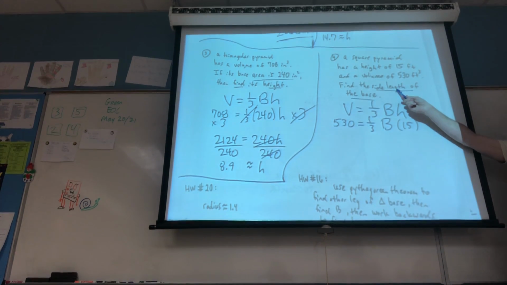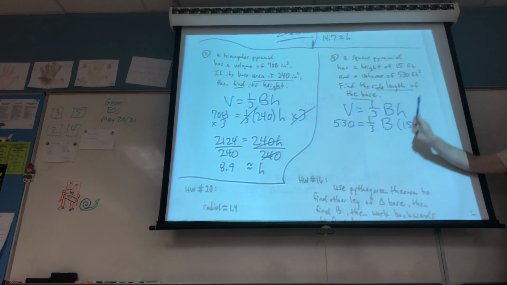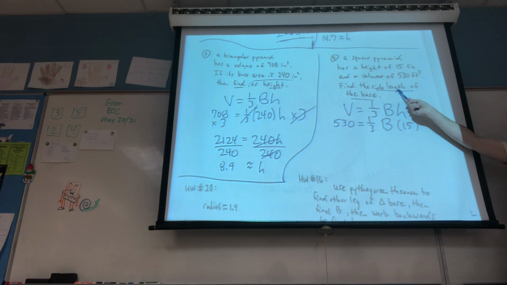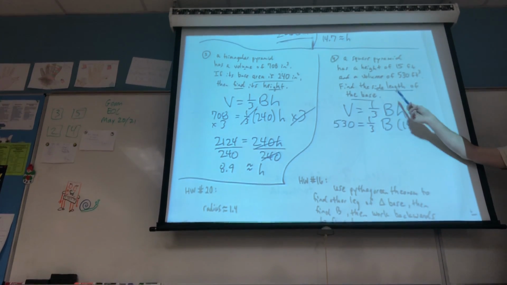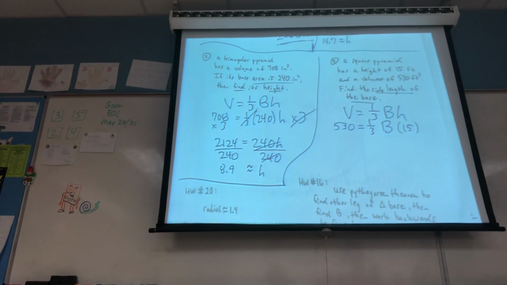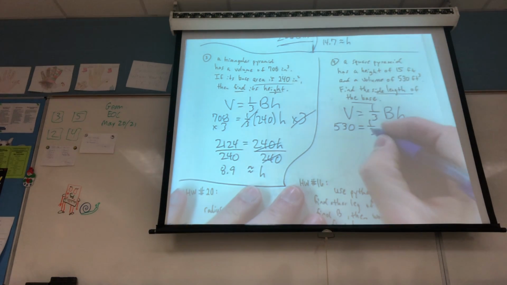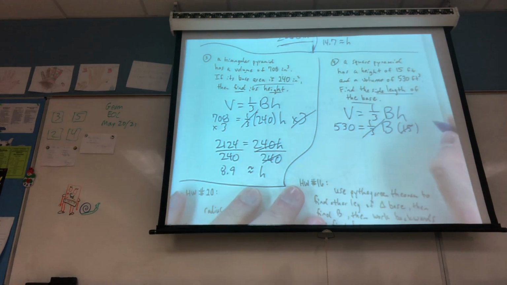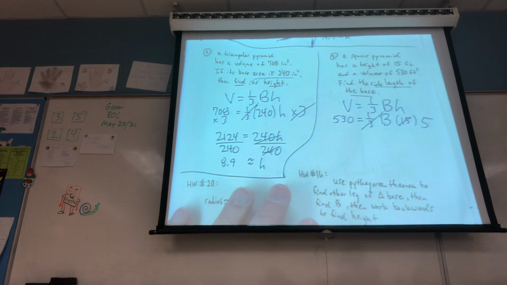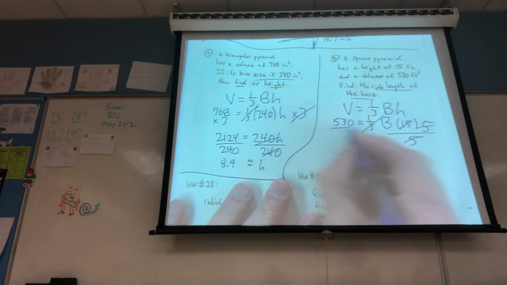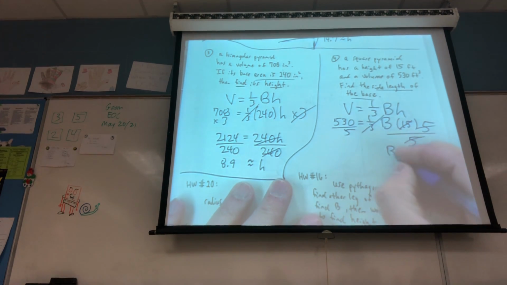Once we know the area of that square base, then we can easily get the side length of the square. So, 1/3 of 15 is 5, now I just divide each side by 5, and that'll get you capital B right away.